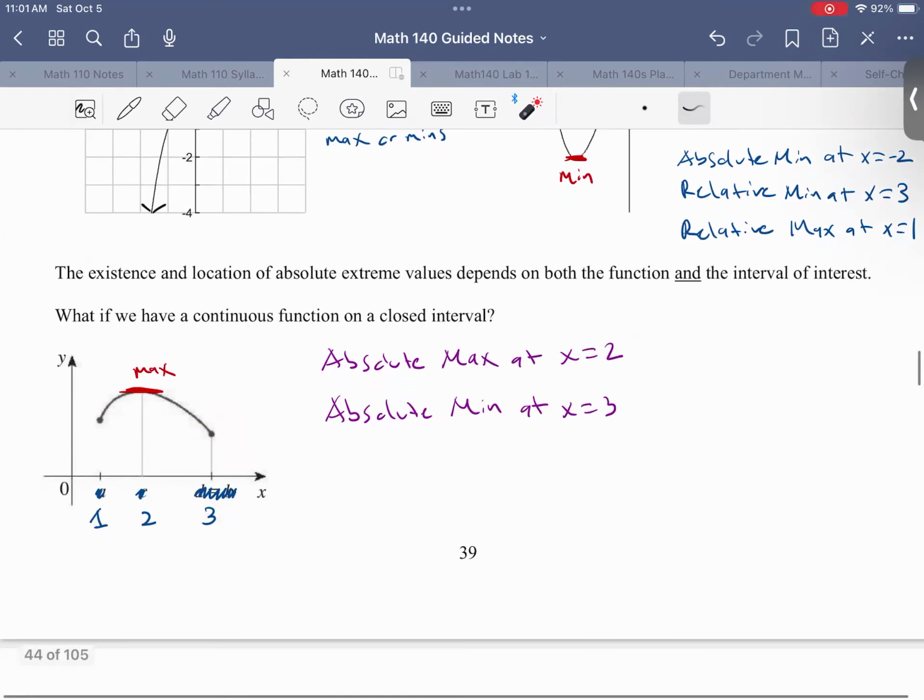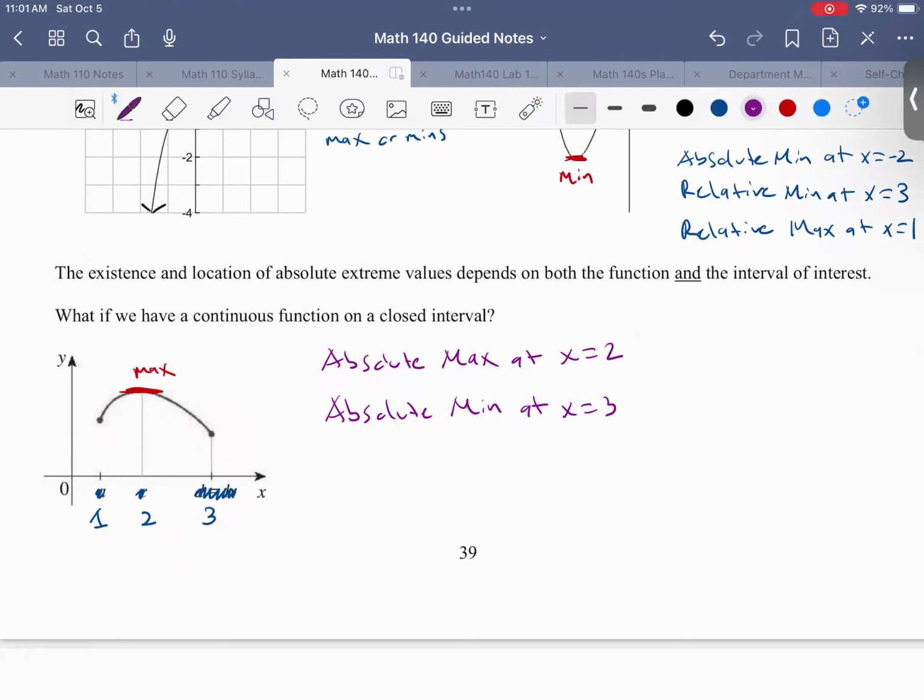One quick note I want to say about using these endpoints on a closed interval: note that relative maxes or mins can't be endpoints.